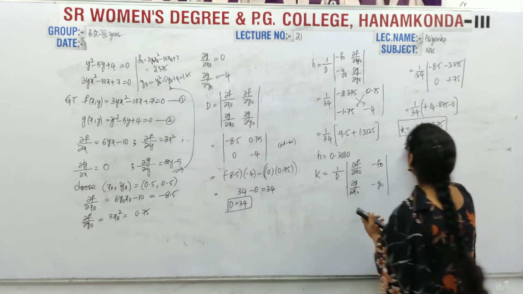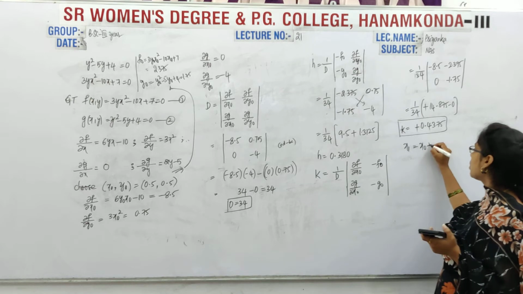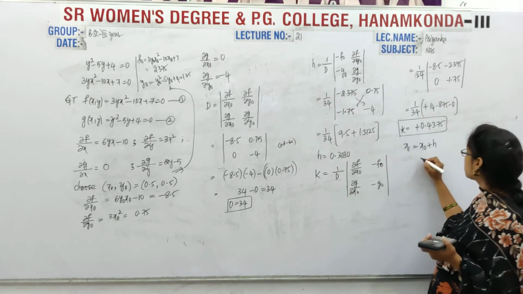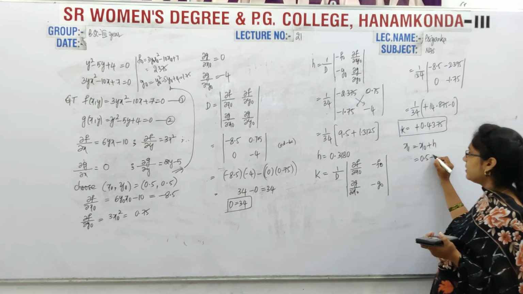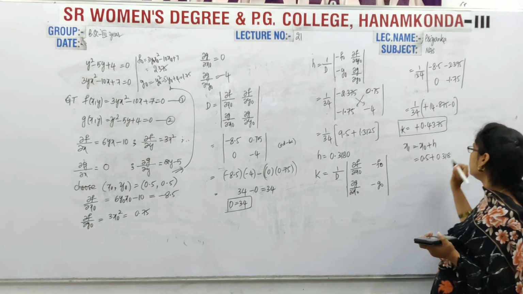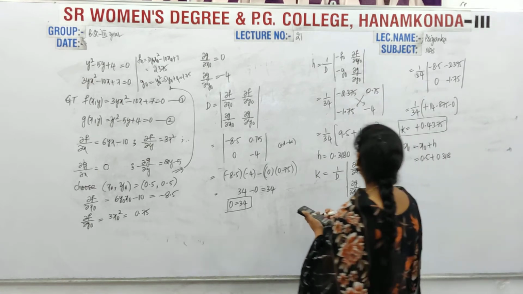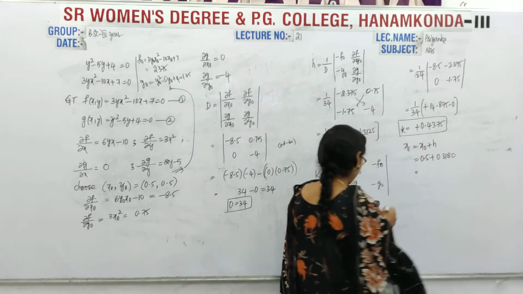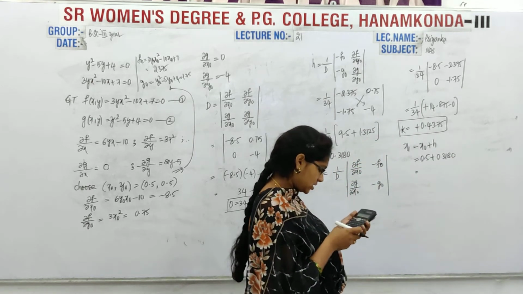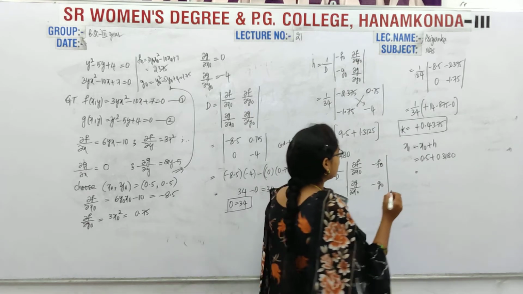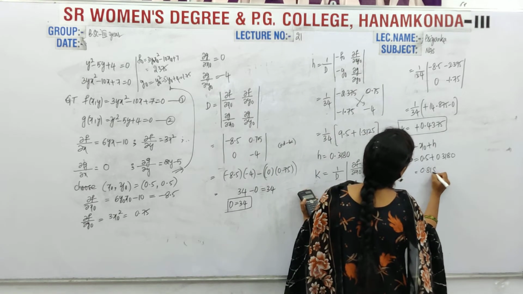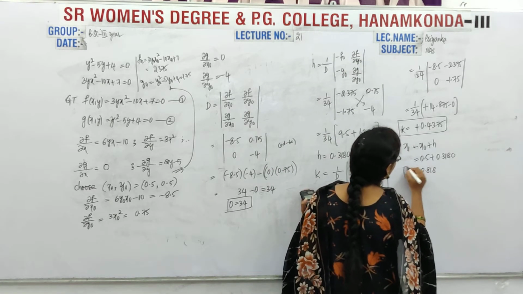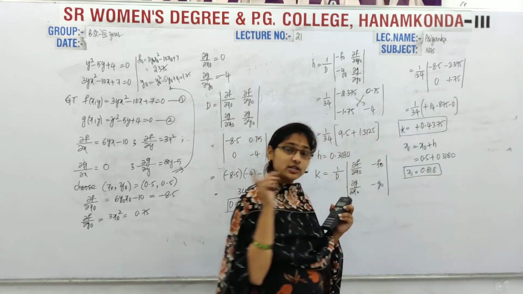x1 equals x naught plus h. What is x naught? 0.5 plus h is 0.3180. So now 0.5 plus 0.3180 is 0.818. x1 is 0.818. What is the previous value?